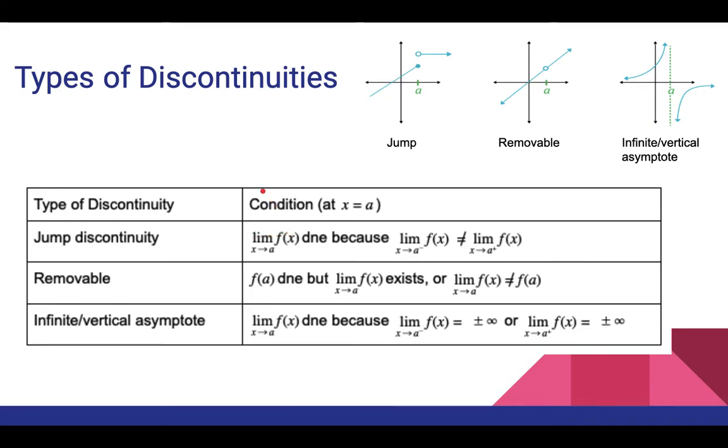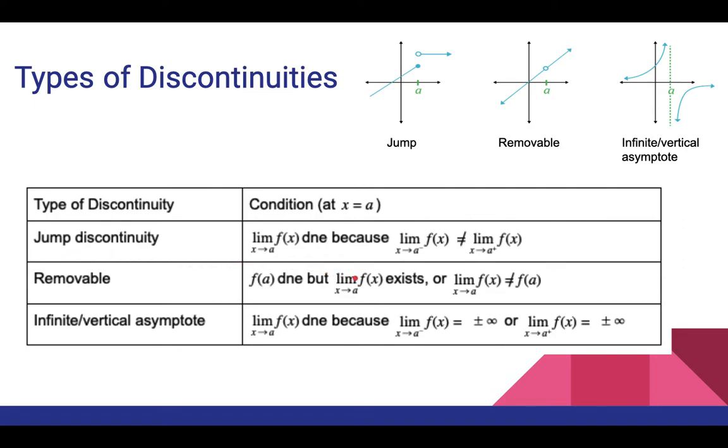With that said, we can also classify the types of discontinuities that we've been looking at, okay? So a jump discontinuity occurs with strictly a piecewise function, and it occurs because the left-handed limit does not equal the right-handed limit, okay? So if working with a piecewise function and you notice that the left-handed limit is not equal to the right-handed limit, then you have a jump discontinuity at that point.